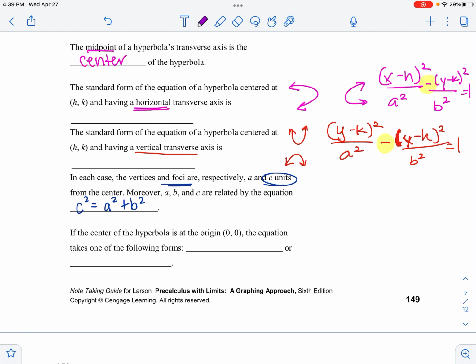And then if the center is at 0, 0 and it's horizontal, we say that's x squared over a squared minus y squared over b squared equals 1. Or if it's vertical, that's y squared all over a squared minus x squared all over b squared equals 1.